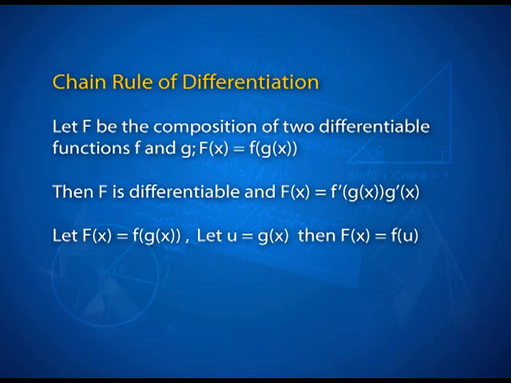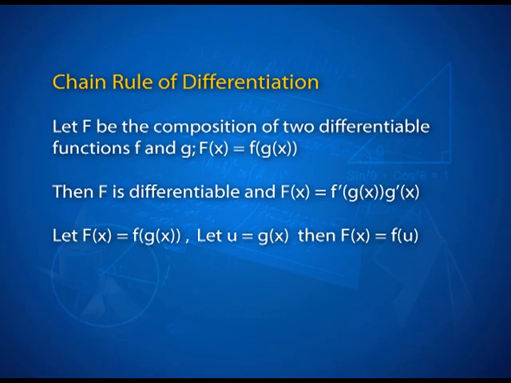Sounds confusing. Let us take another look at the same definition restated. Suppose capital F is the composition of small f and g, and let us call u equal to g of x. Try to relate it to the picture that you saw a minute earlier. Then F of x is f of u.